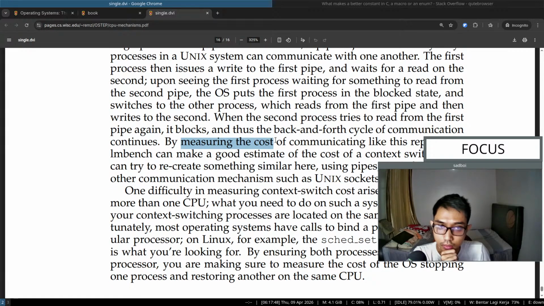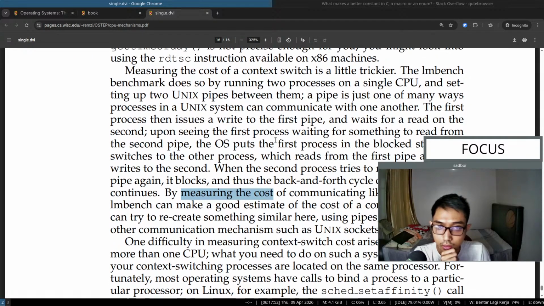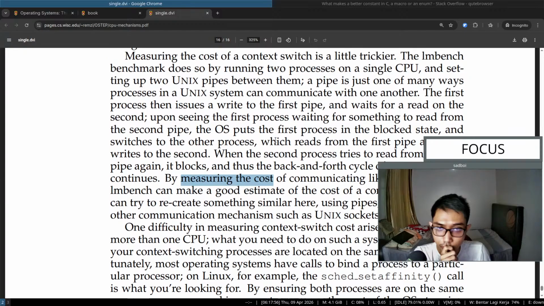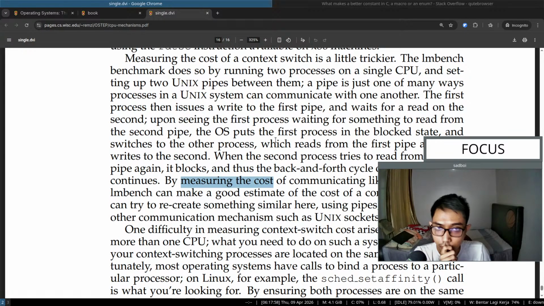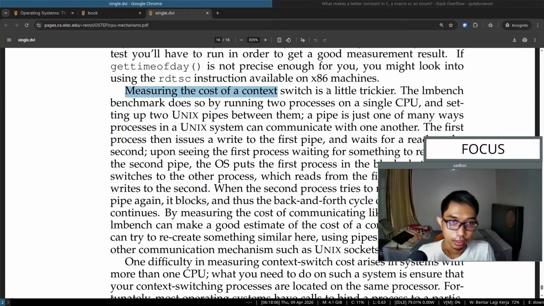But inside of its process, you know. Well, let's continue this in the next session. Yeah, it is a little trickier. Measuring the cost of context switch.